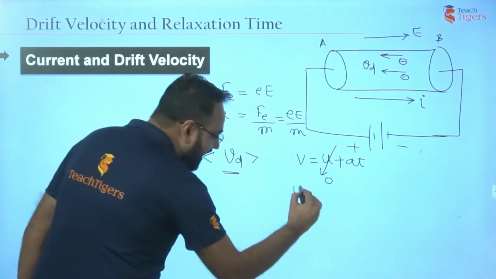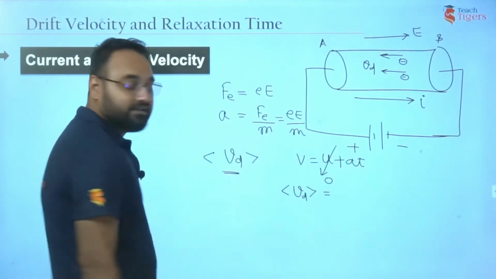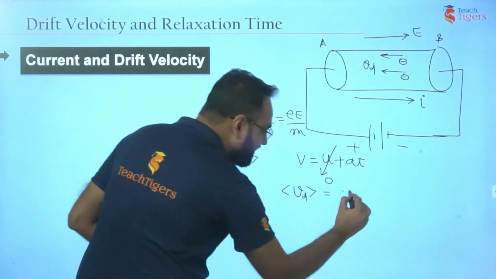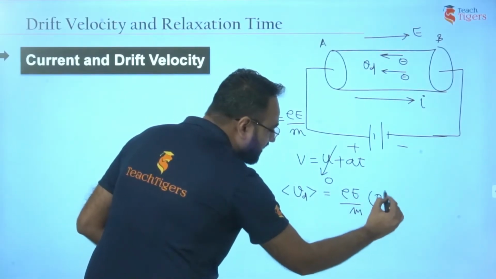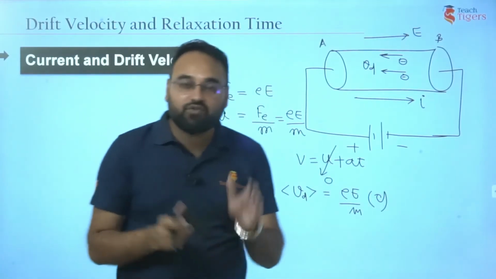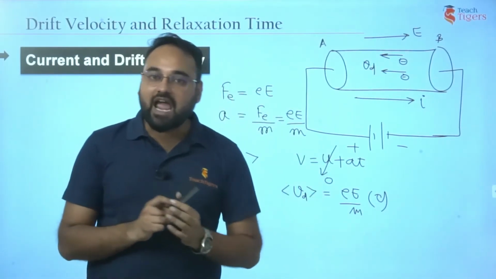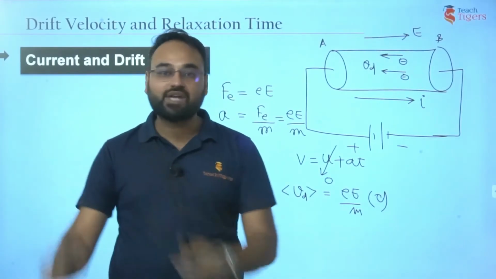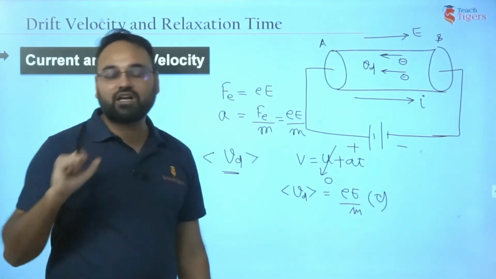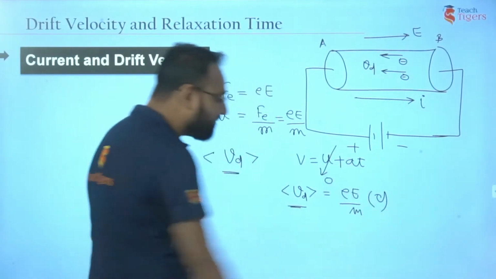That means the average drift velocity Vd will be equal to a into t. What is a? That is eE by m, multiplied by tau. Tau is the relaxation time, because we are considering the motion from when an electron starts moving until it collides with other atoms and ions. That much motion we are considering. So the drift velocity Vd is eEtau by m.